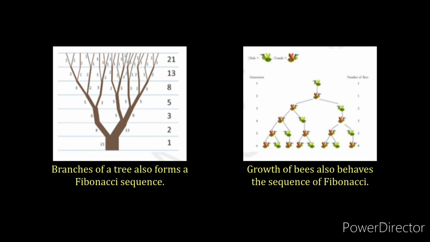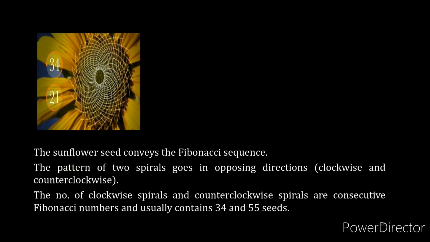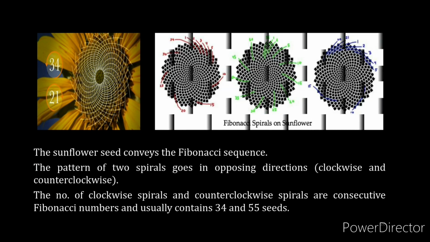Even sa mga puno na mayroon tayo sa ating garden or sa mga park, sa labas, meron ding Fibonacci sequence na nakatago dito. Sunflowers. The number of spirals, either clockwise or counterclockwise, meron silang Fibonacci number. On our illustration, on clockwise rotation, we have 21 spirals, which is a Fibonacci number. For the counterclockwise rotation, we have 34, still a Fibonacci number.